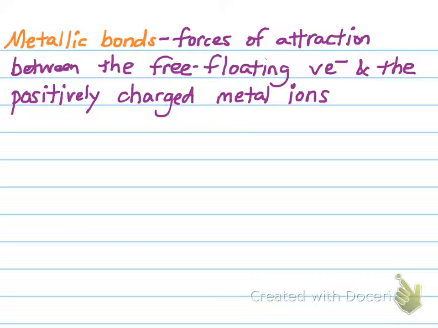So again, think about that, right? You know that positively charged things like a cation, these metal ions, are going to be attracted to these negatively charged valence electrons. If you imagine your metal cations having arms, they're constantly trying to grab at those valence electrons that are around them. Okay, and the metal next to them is trying to grab at those same valence electrons, and so that's what's bonding them together.